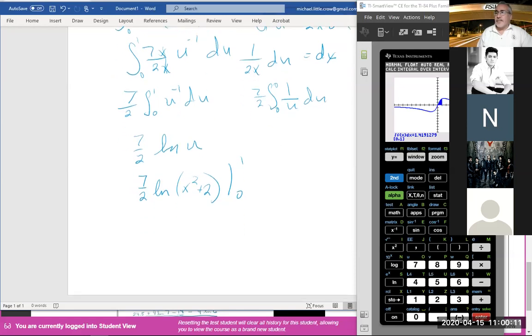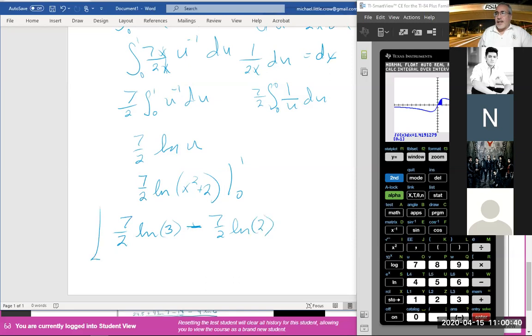So your final answer is 7/2. We plug in the 1: 1 squared is 1, 1 plus 2 is 3. Minus, we subtract the second one. We put in 0: 0 squared is 0, plus 2 is 2. So then we get 7/2 natural log of 3 over 2.